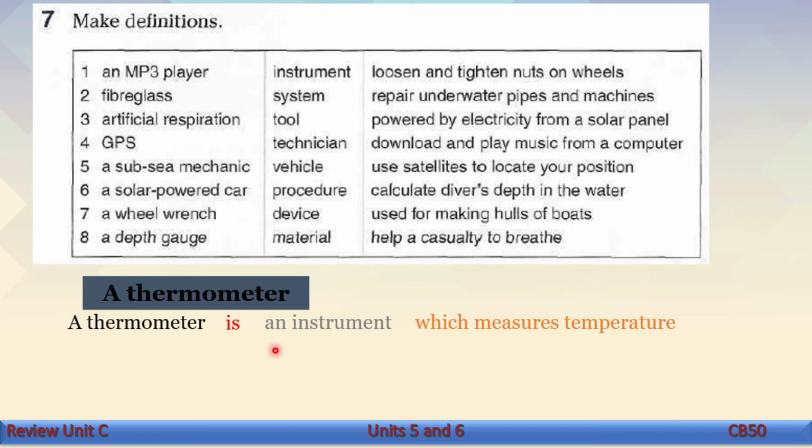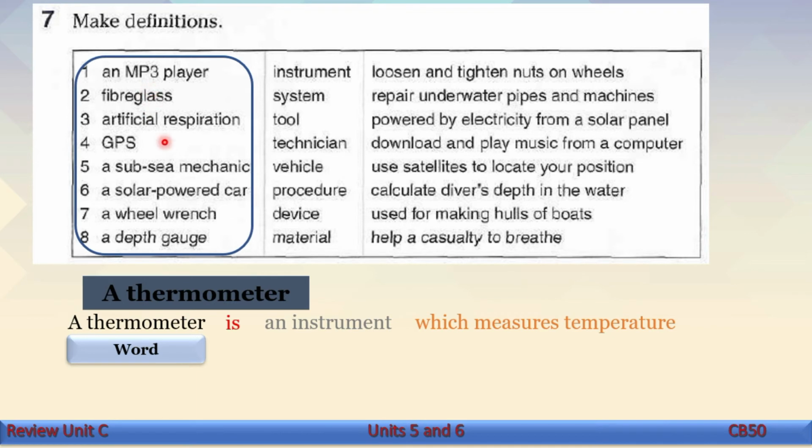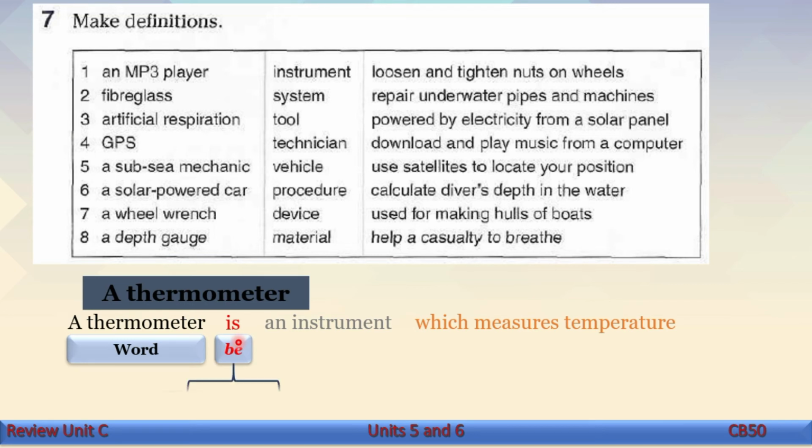From this definition, we can see that thermometer is the word, which is like this part. Then we have a verb to be, which can either be is or are, depending on the word. If it's singular, we use is. If it's plural, we use are. And then we have an instrument, which is the type noun.